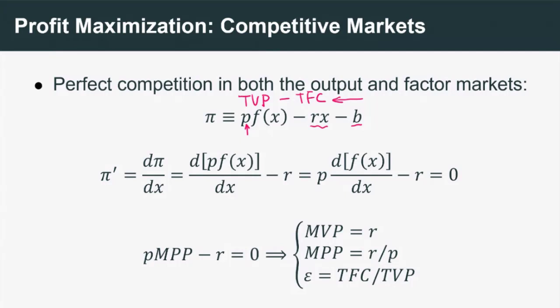So if P is a constant, then later when we derive the first order condition, the optimality condition is much easier. Also in the factor market, R is the price of the input, and if we assume perfect competition in the factor market, then we also have this linear relationship where R is a constant and does not depend on X. If R depends on X, then, if you remember from the lab session, we need to use the product rule to calculate the derivative.